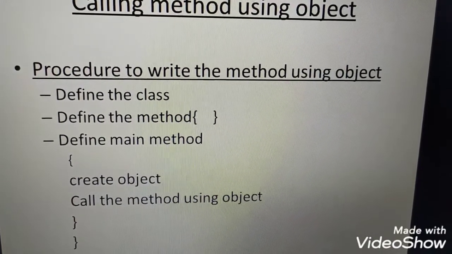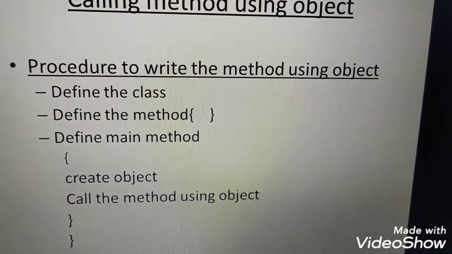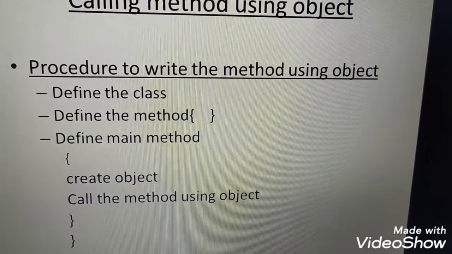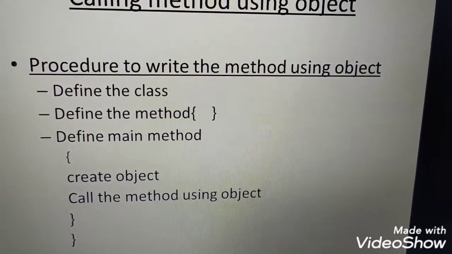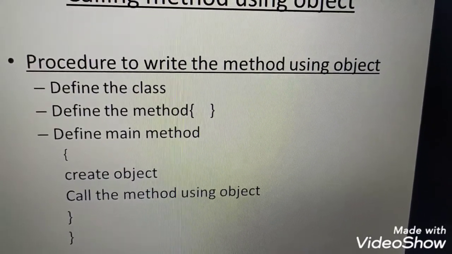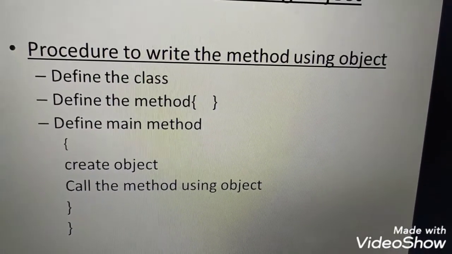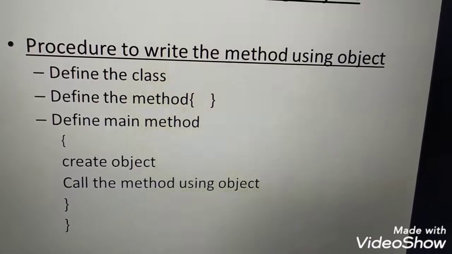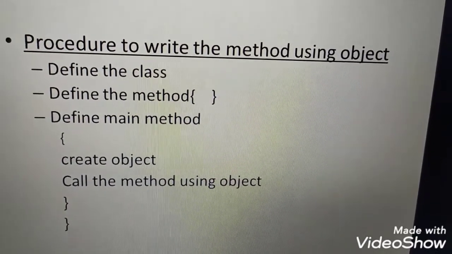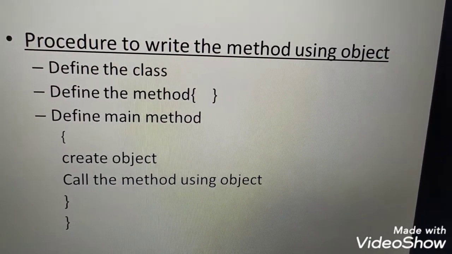Then whatever methods there are, if there is one method or two or three methods, define all the methods first and then go to define the main method. And in the main method, we have to create the object and call the method using the object. Okay, this is the procedure.